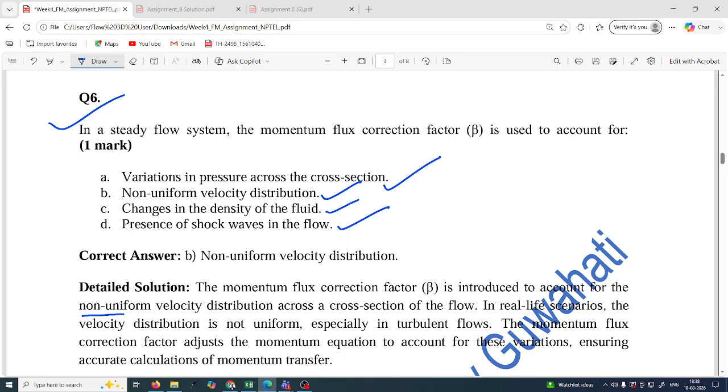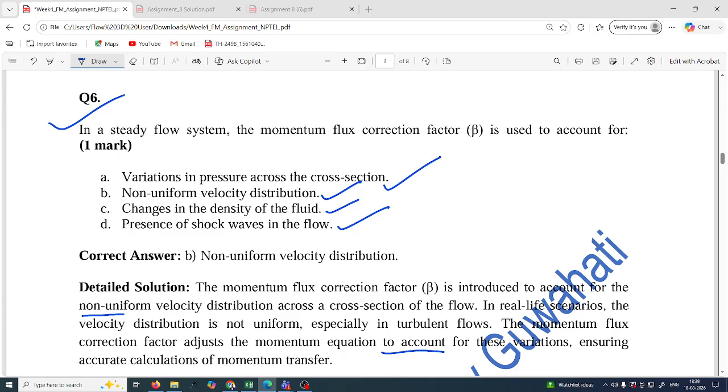In real life scenario, the velocity distribution is not uniform, especially in the turbulent flow. The momentum flux correction factor adjusts the momentum equation to account for these variations, ensuring accurate calculation of the momentum transfer.